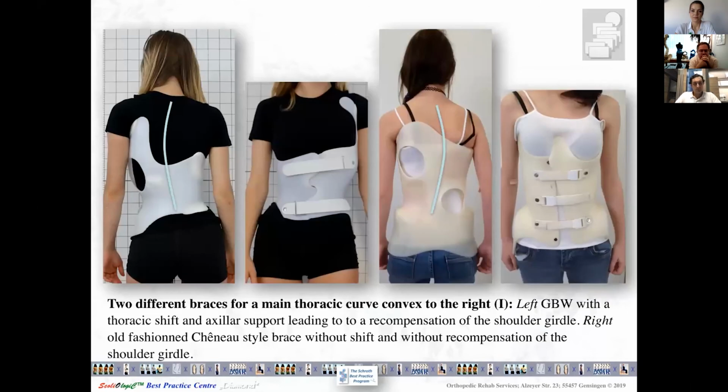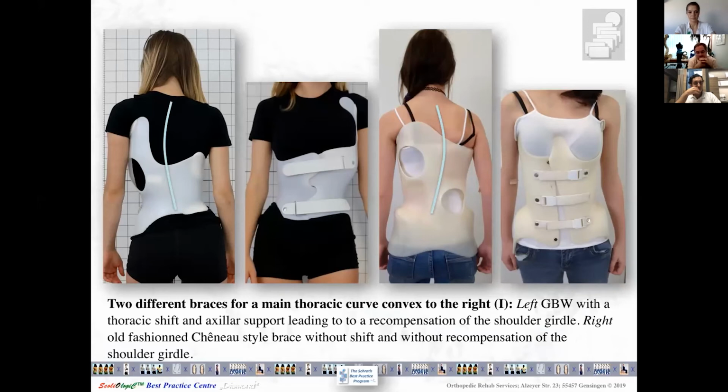Another picture. Again, these two braces were made in the same year, but with very different standards. On the right, you can see an old style Chêneau brace, and also this is a single right thoracic curve. In the brace on the right picture, you can see no shifting and no shoulder girdle recompensation.